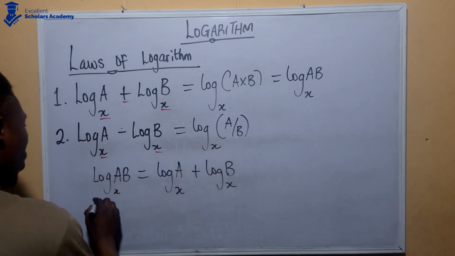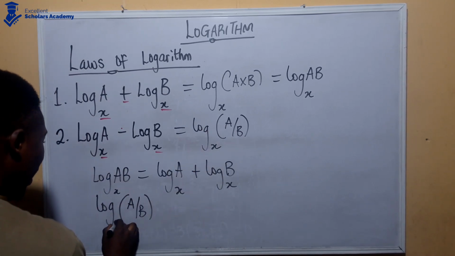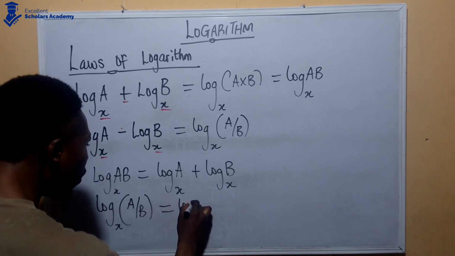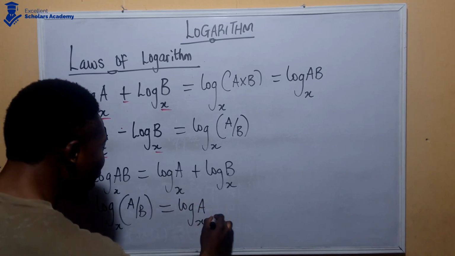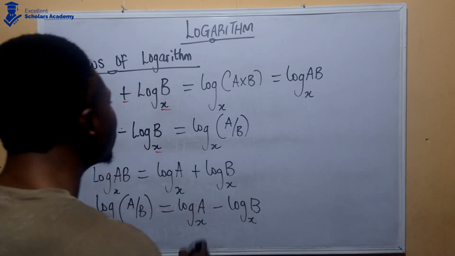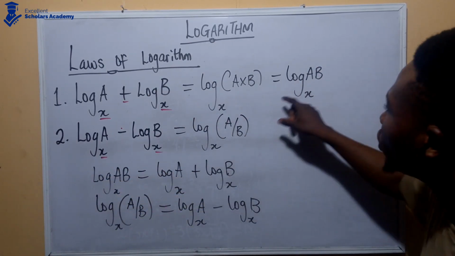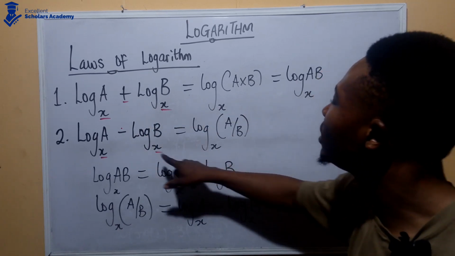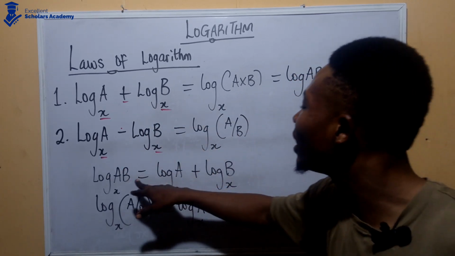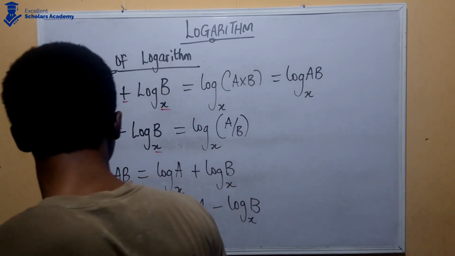And also log a over b base x can be split back into log a base x minus log b base x. This is very important. So this can be brought together into one log and you have this, and this also can be split into this. You need to know this.